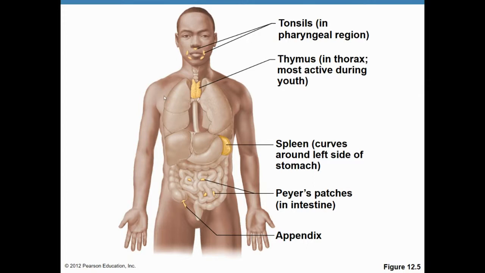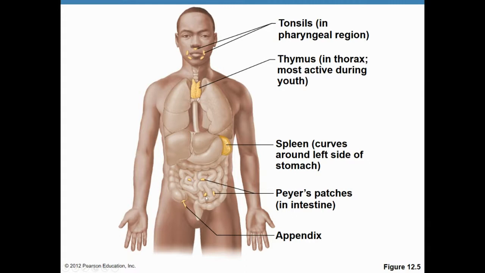Then we have the thymus, and the thymus is going to be found just behind your sternum. It's most active when you are a child, and it atrophies as you reach your adult years. We have the spleen, which is found near the lateral curvature of the stomach, on the left-hand side of the abdominal cavity.